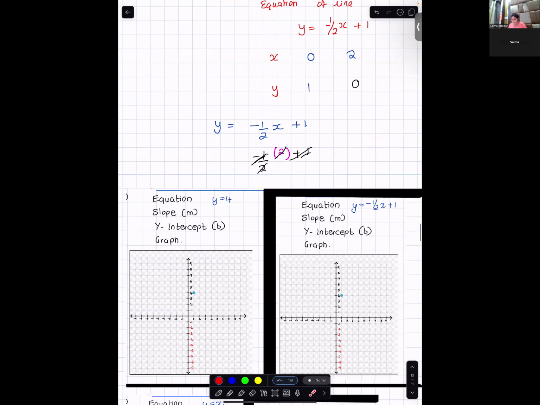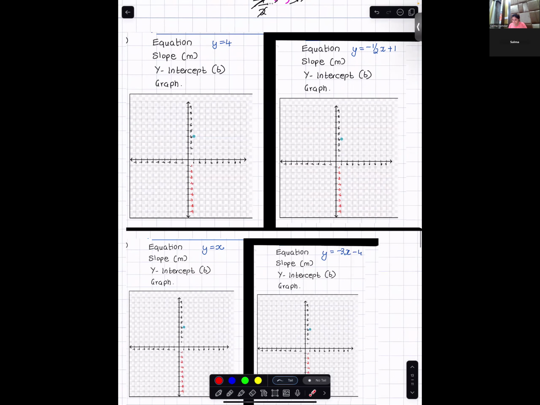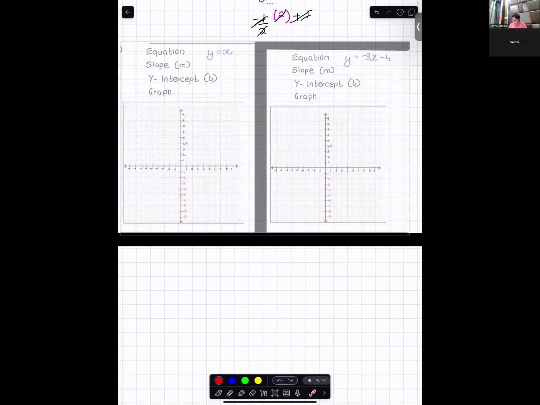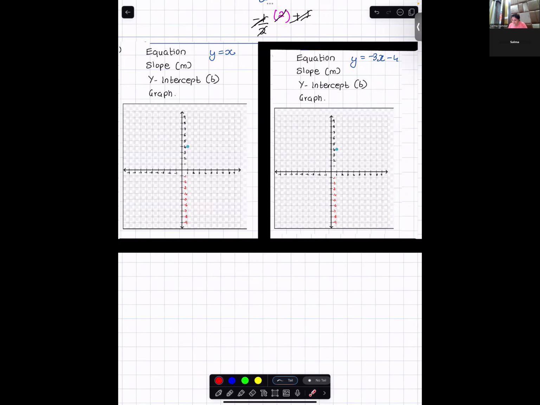I'll do one more example. y is equal to x. The normal equation of the line is y is equal to mx plus c.